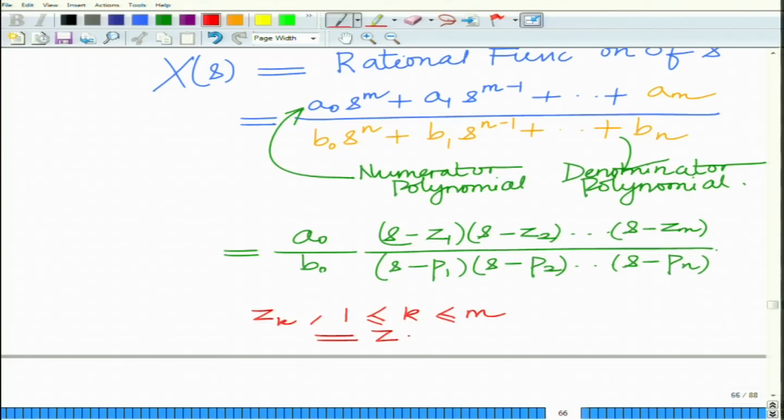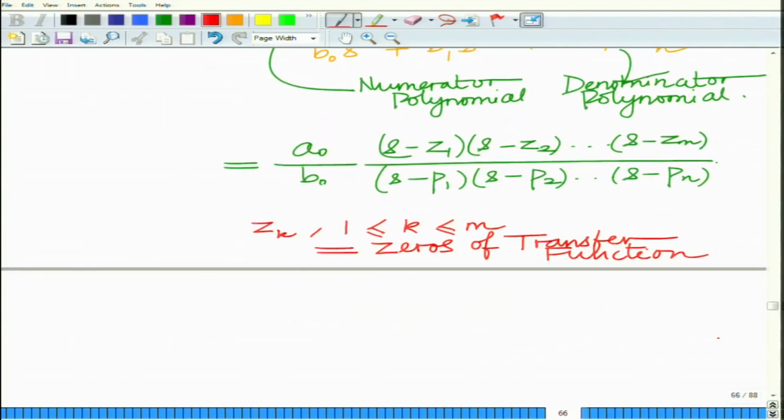So, zk are the zeros of the transfer function, pk are the poles of the transfer function.